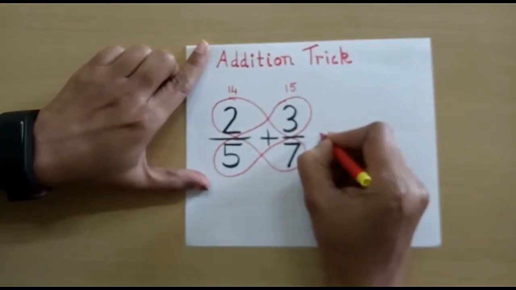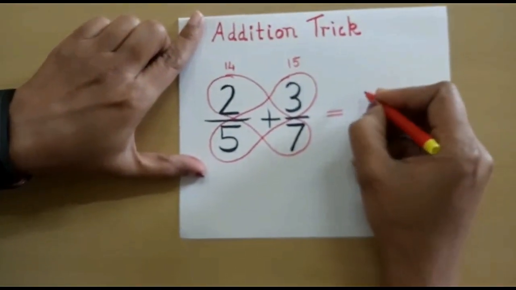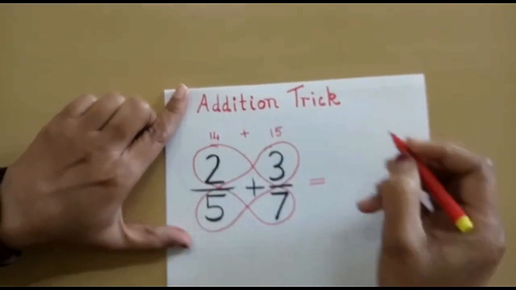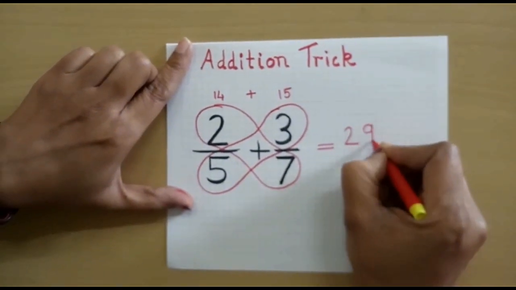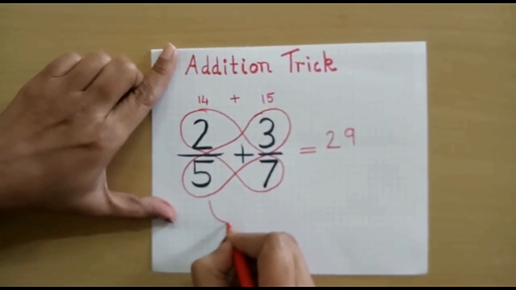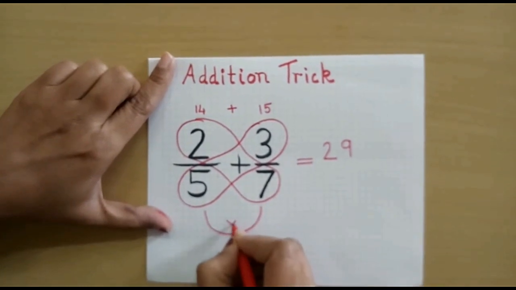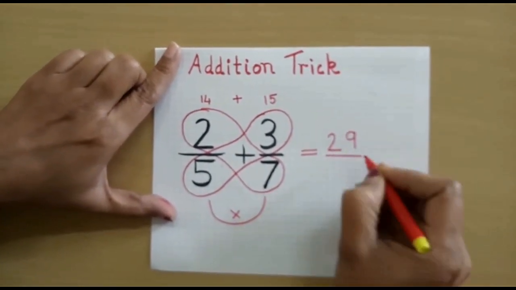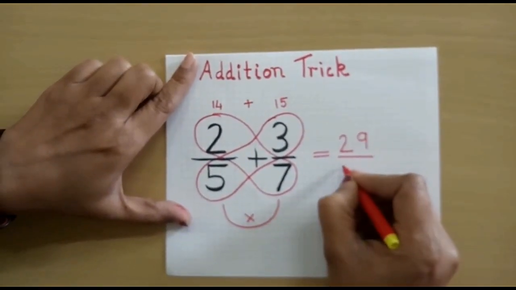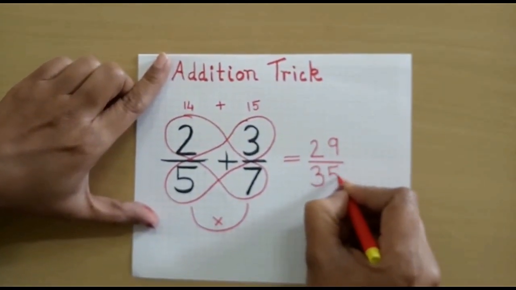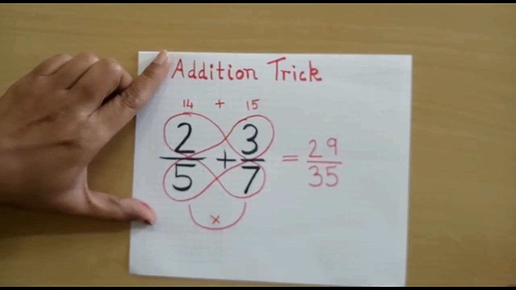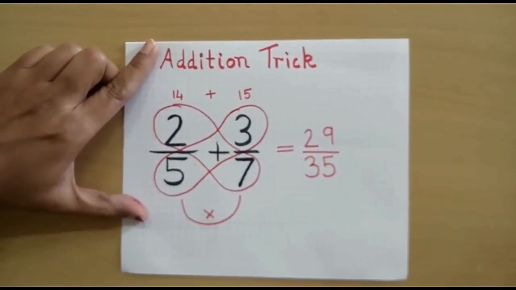Then add these two numbers and write it in the numerator, that is 29, and multiply the two denominators to get the denominator as 4. So this is a way of addition.